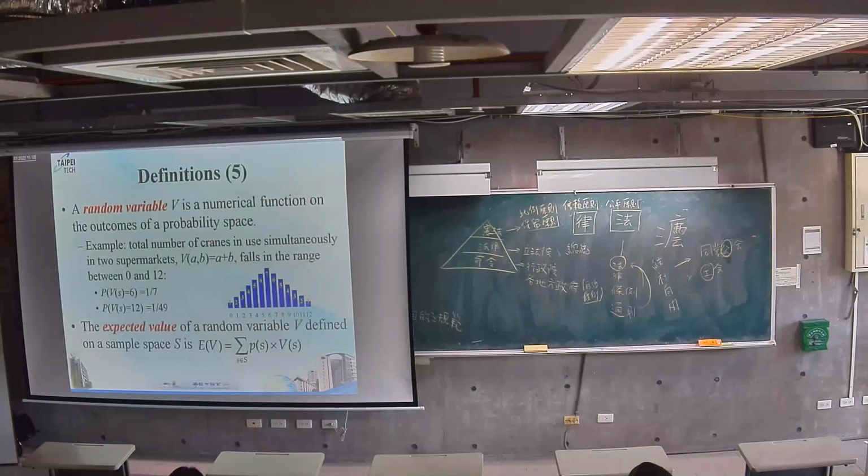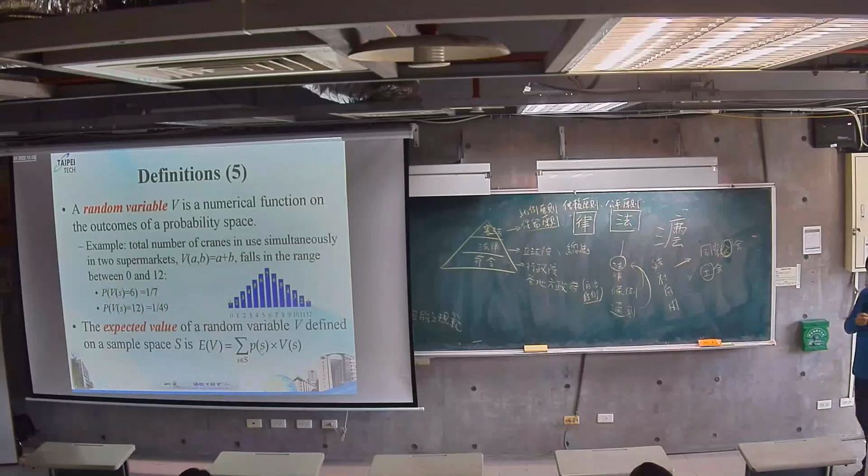If we look at the expected value of a random variable, this would be the formal definition: its corresponding value, or the value associated with the random variable, times its probability, and we do the summation. We might derive this expected value.